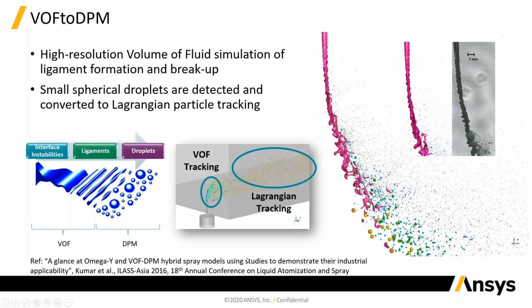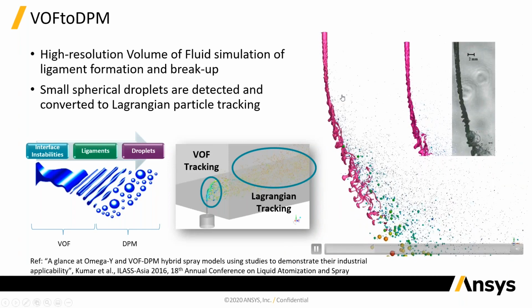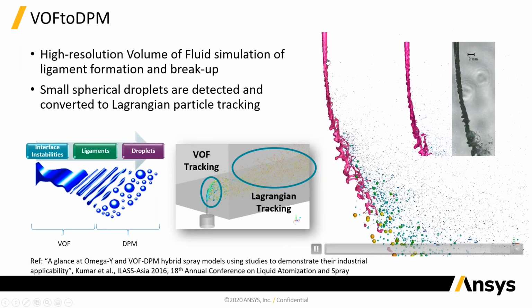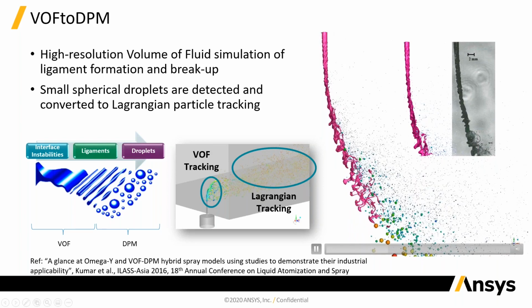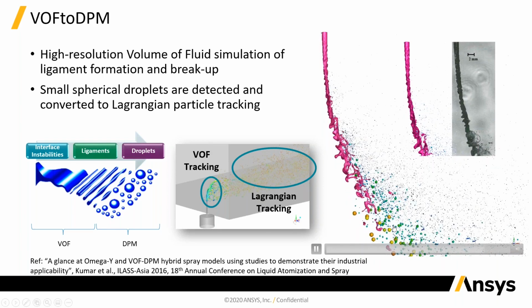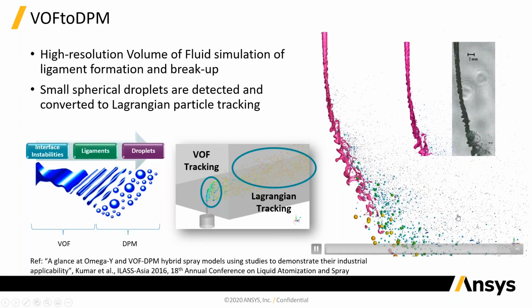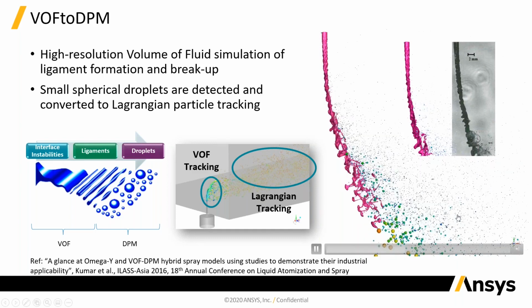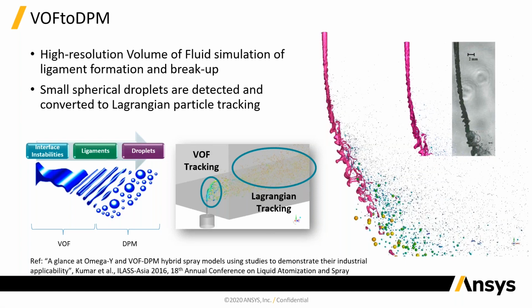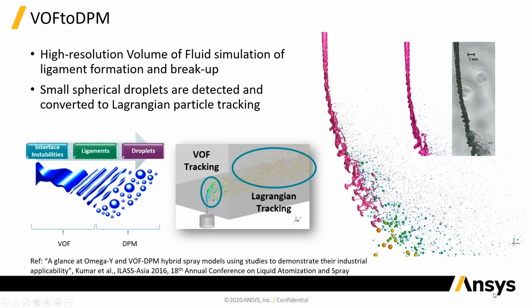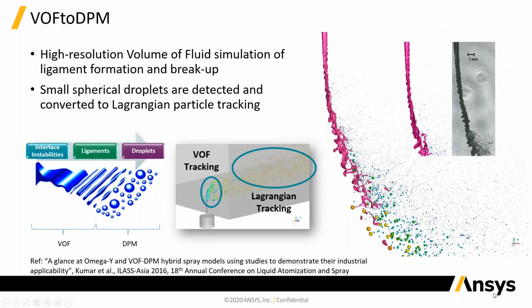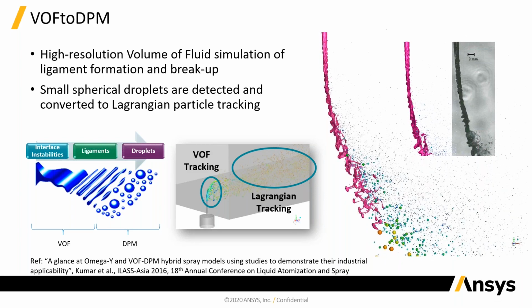VOF to DPM, this allows us to take a continuous fluid with volume of fluid, have it break up a jet, and then at a certain point where these filaments are sufficiently spherical, turn them to a discrete particle model. And this can go all the way. These droplets can actually form a puddle, go to a film, and then go back to VOF if we want.